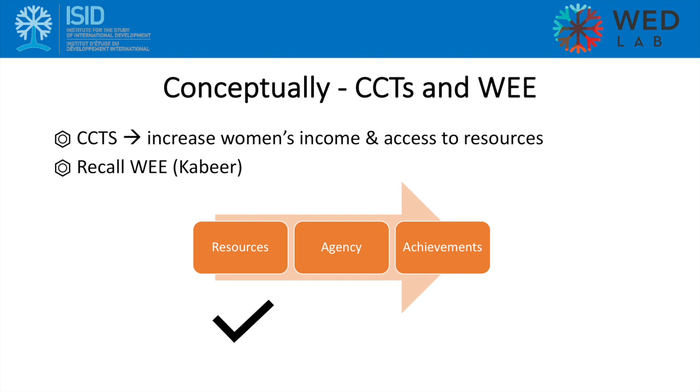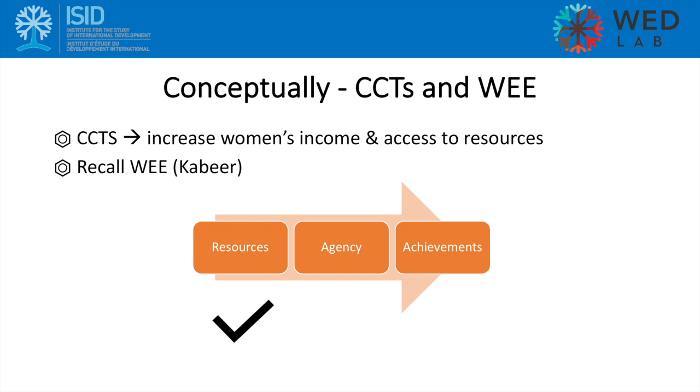If we remember, for those of you who were here two seminars ago, where we were talking about the measurement of women's economic empowerment, or of course, if you're familiar with this literature, with Kabeer's conceptualization of women's economic empowerment, which is really this sort of theory of change that links resources and agency and achievements, right? So if we think about what a cash transfer, conditional or unconditional, does, you can already see that it's going to impact resources.